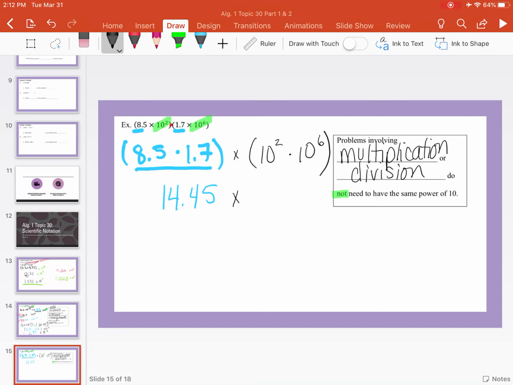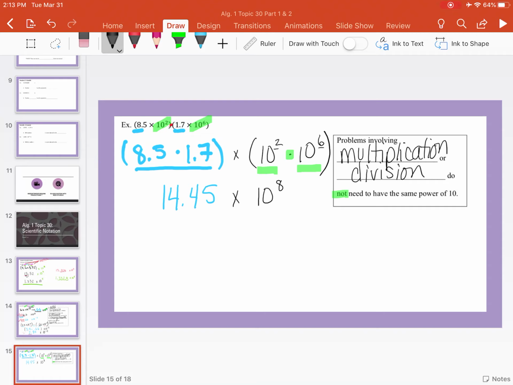Now the powers of 10, on the other hand, notice how I have the same bases, and I am multiplying. So because I have the same bases and I'm multiplying, what do I do with my exponents? I add them. So I get times 10 to the 2 plus 6, which gives 10 to the 8th power. So I have 14.45 times 10 to the 8th power.